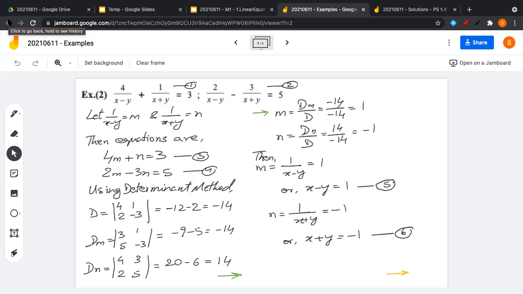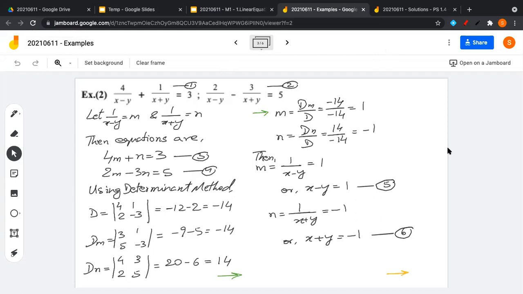I have found the values of the determinants D, dm, and dn. D comes to minus 14, dm comes to minus 14, and dn is 14. Using these, m equals dm by d, which comes to 1, and n as dn by d, which comes to minus 1.